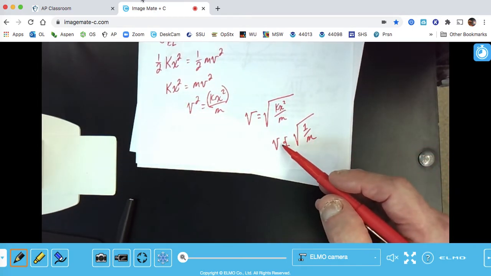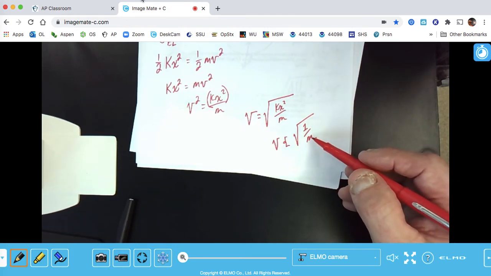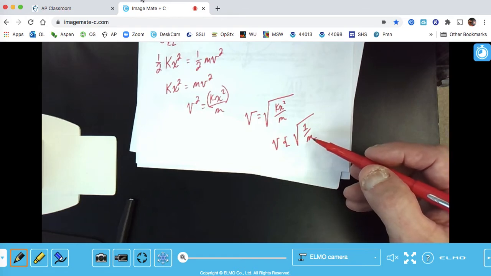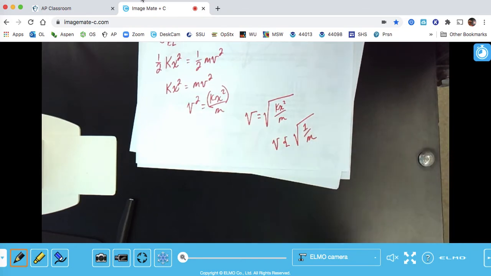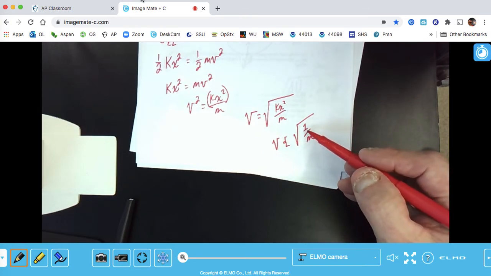So what will the new velocity be? It'll change from the first velocity by the square root of 1 over m, right? So the velocity is going to change as m goes down.